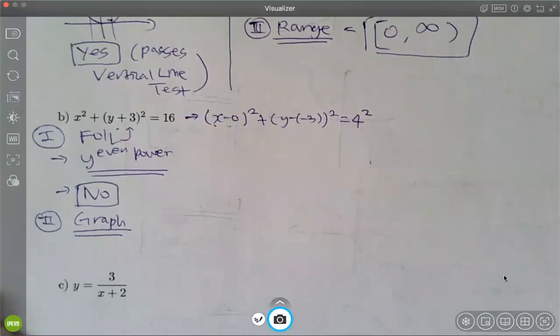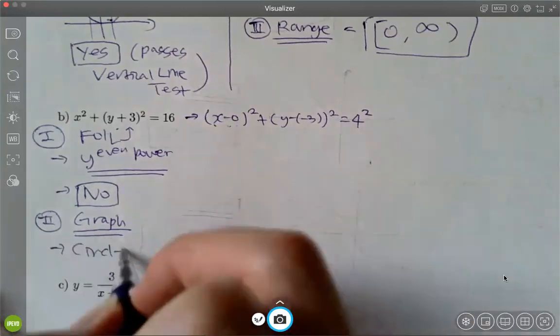Now, it's a circle. Where is the center?